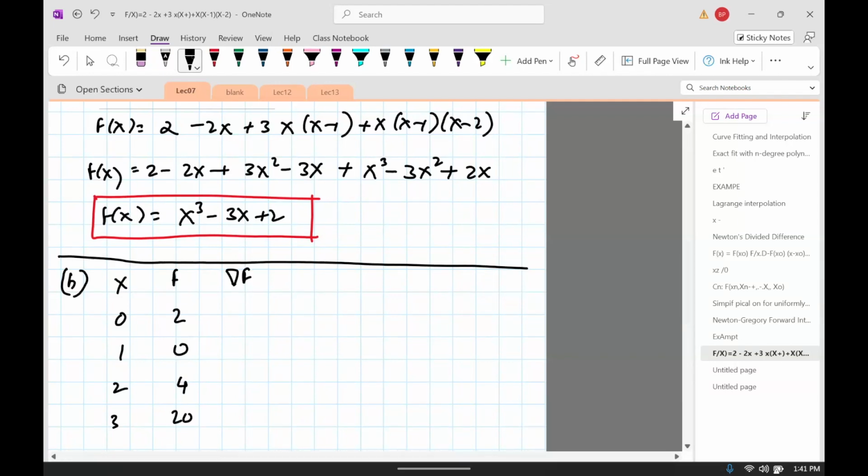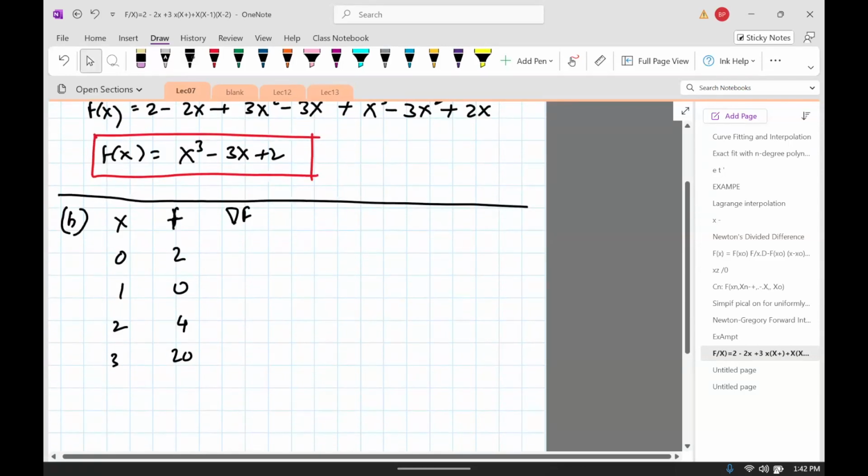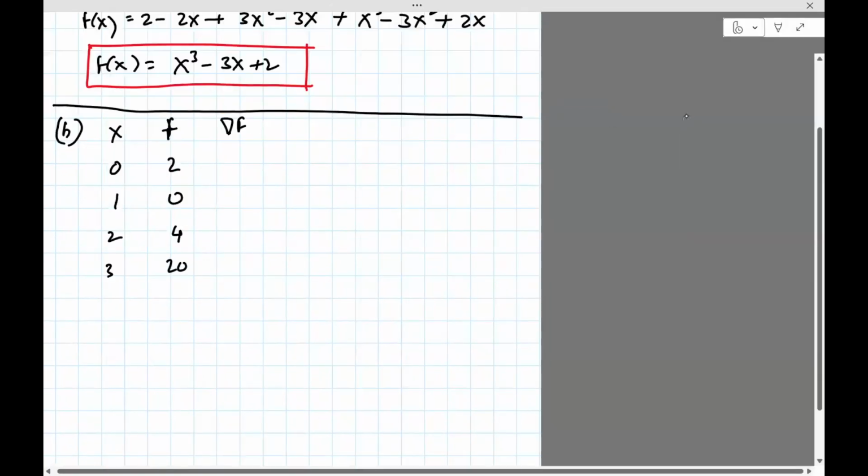Now we need the backward difference. For the forward difference, you started on the top and worked your way down, but now we'll start from the bottom and work our way up. What I mean by that is, for the first point, I do 20 minus 4, so 16. Then 4 minus 0, 4. 0 minus 2 is minus 2, and then nothing there.